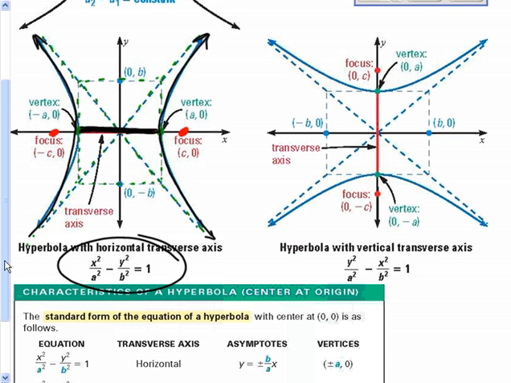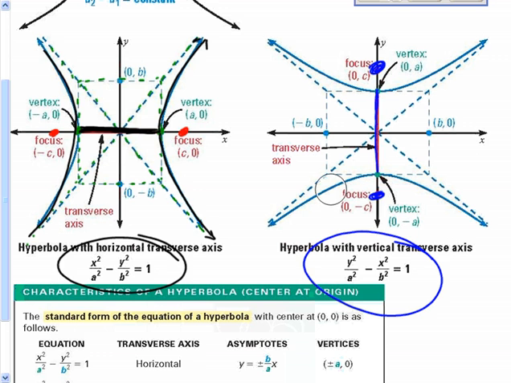But if your transverse axis goes vertical, this time your foci are right there and right there on your vertical axis, the y-axis of the Cartesian coordinate system. Then your equation is y squared over a squared minus x squared over b squared equals 1. So that's a little bit about these characteristics.